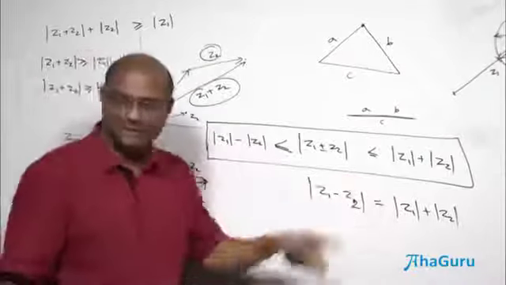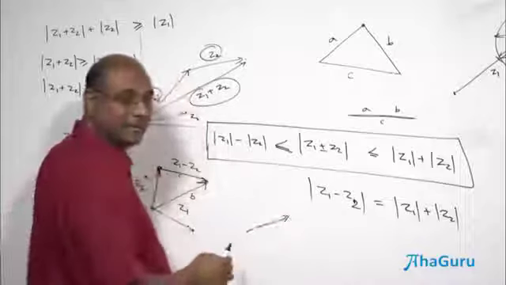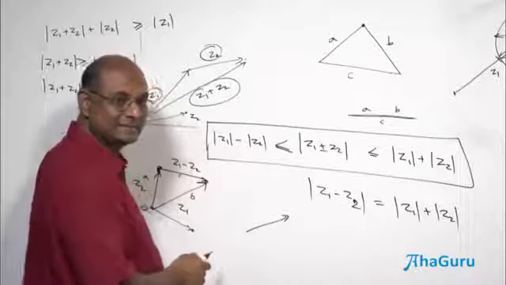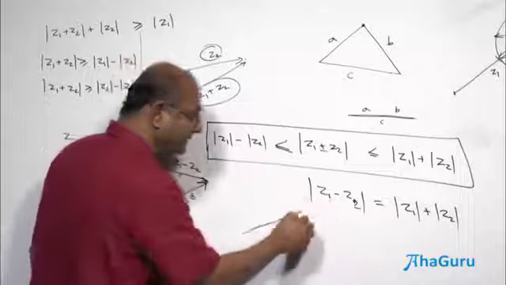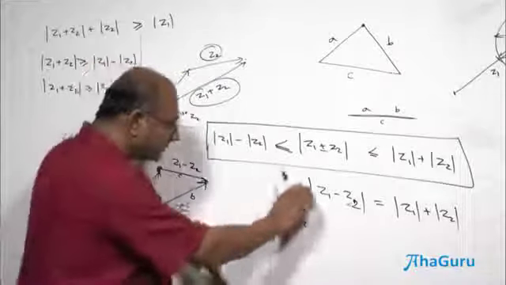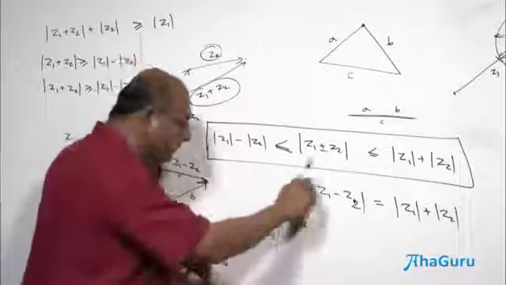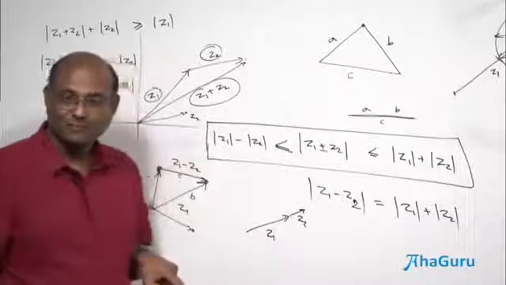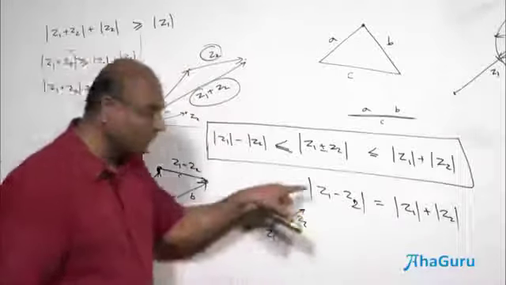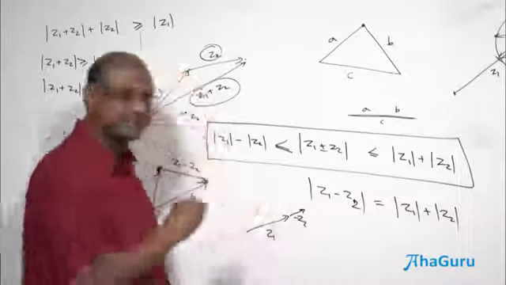First of all, whenever there is an equality, it has to be a straight line. Now Z1 plus Z2 must be this. That means the magnitude of Z1 plus Z2 must be, well, I don't know whether Z2 was that way or this way, but I know that Z1 minus Z2 is this long. So this must be Z1 minus Z2. It right now looks like Z1 plus Z2. So this must actually be minus Z2.